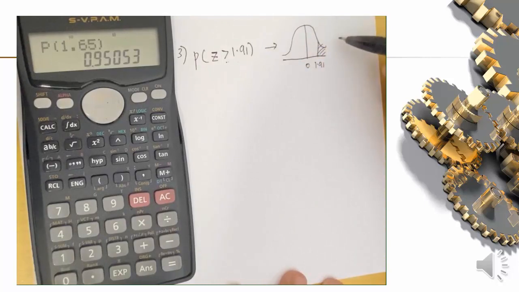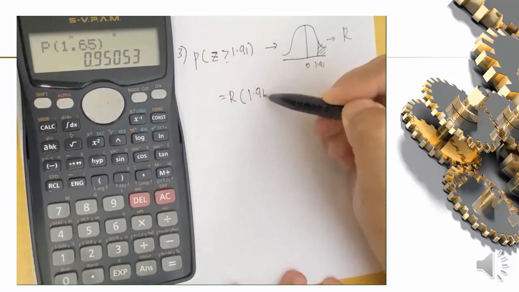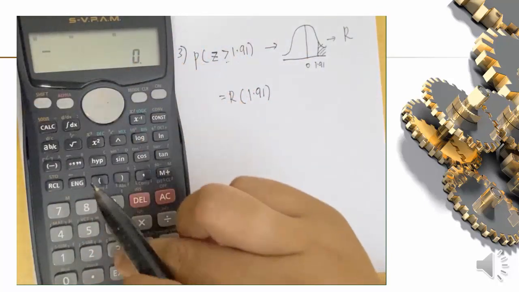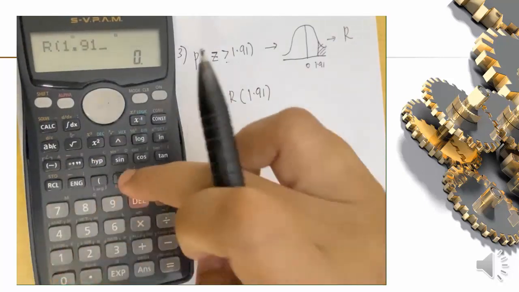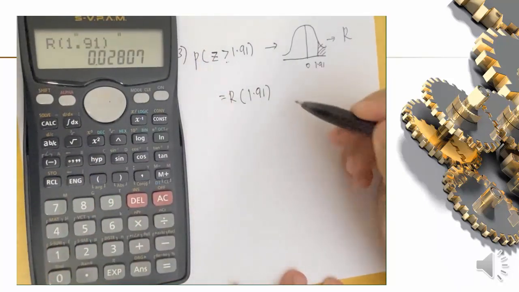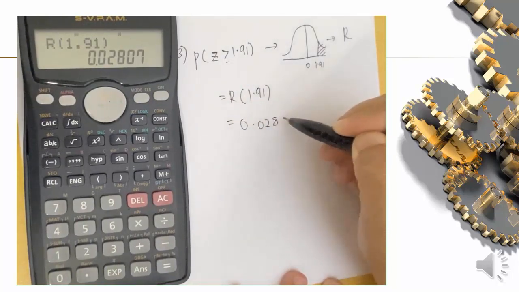So because of the greater than, we will use R. R 1.91, shift number 3, 1.91, close, equals to 0.0281.